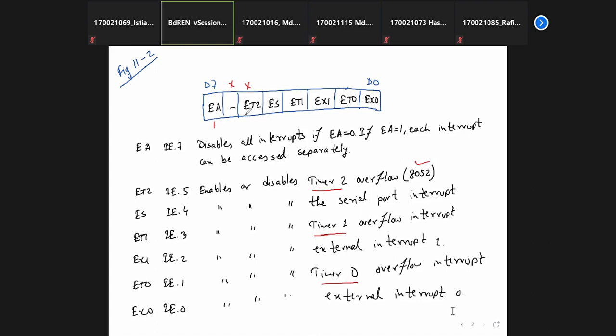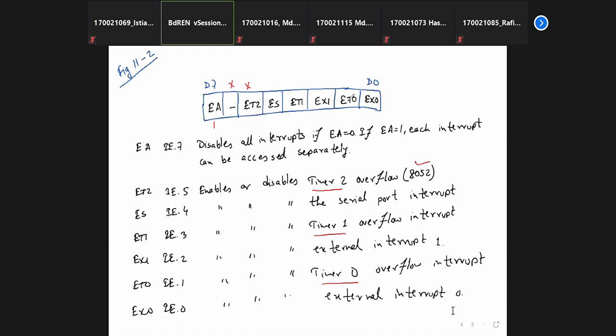If EA is 1, then by controlling the rest of these bits in the IE register, you can enable and disable the respective interrupts. But if EA is 0, it doesn't matter what you write in the rest of the bits of the IE register, all your interrupts will be disabled. Upon reset, EA is by default always 0. So we need to make sure EA is 1.